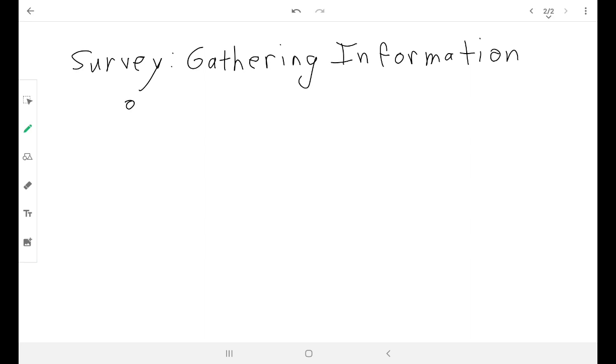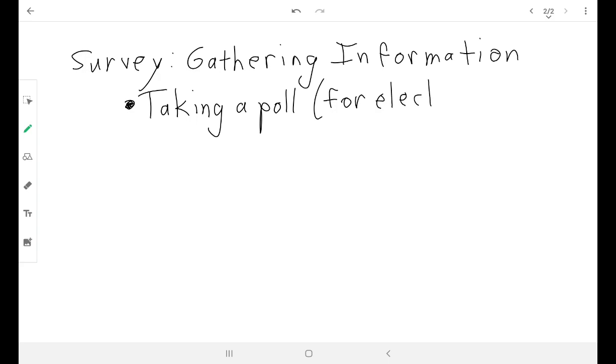An example of this would be taking a poll, like for an election or something else. For example, I could ask you guys how many people believe that learning from home is working, how many people believe that learning from home doesn't work and they need to be in a classroom. So that would be a survey.